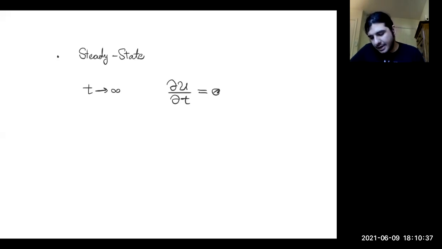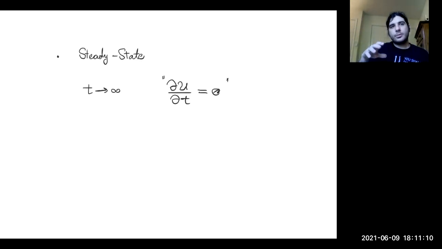So if, when t goes to infinity, the changes in the function u with respect to time become 0, it means that if we wait long enough, well, maybe you shouldn't really think about it as really infinity. Think about t going to infinity as a long time has passed, right? And now this condition tells us as time passes, u doesn't change anymore.